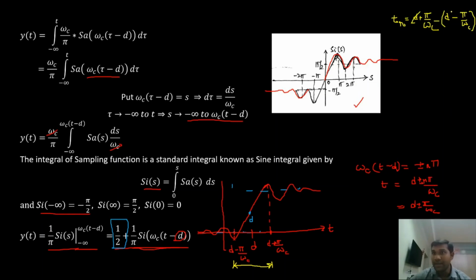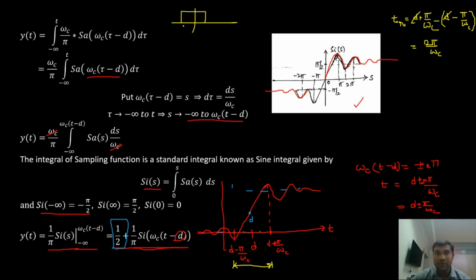So d and d get cancelled. I have 2 pi by omega c, right? My rise time is 2 pi by omega c. Now the bandwidth, we have considered an ideal low pass filter.